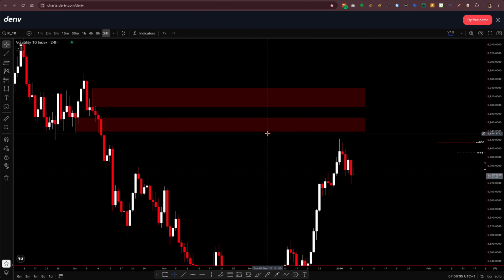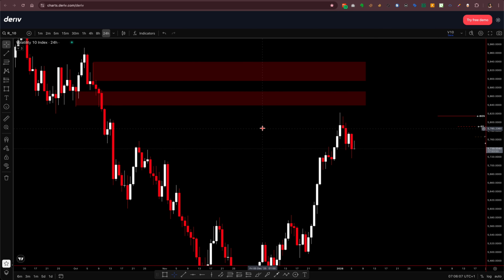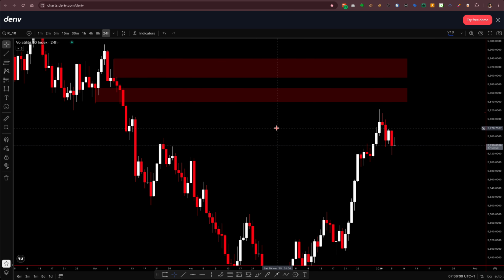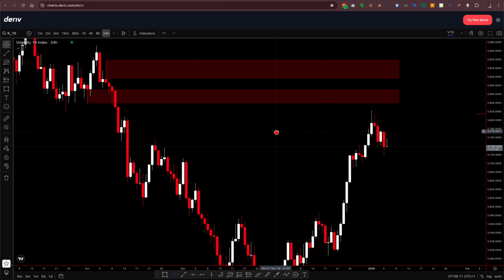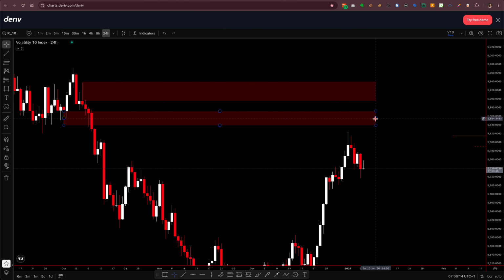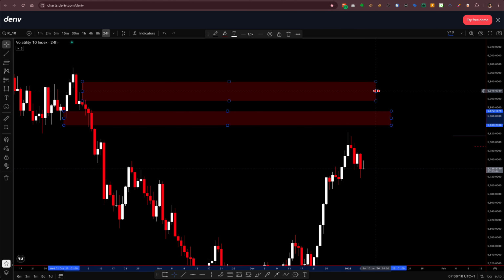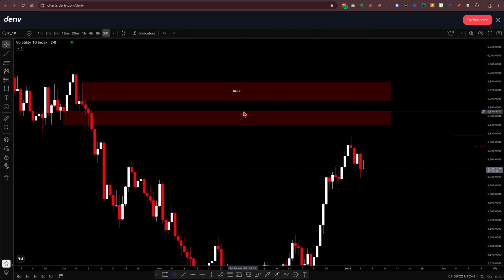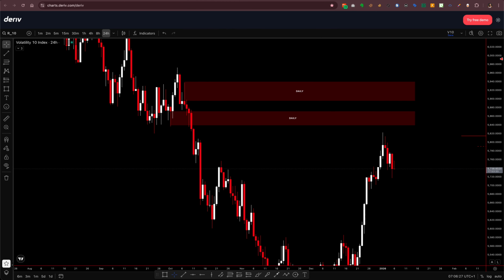These are the zones I'm focusing on for now because I see price moving upwards. So I'm just going to write daily. It's a daily zone, and I write daily here as well.